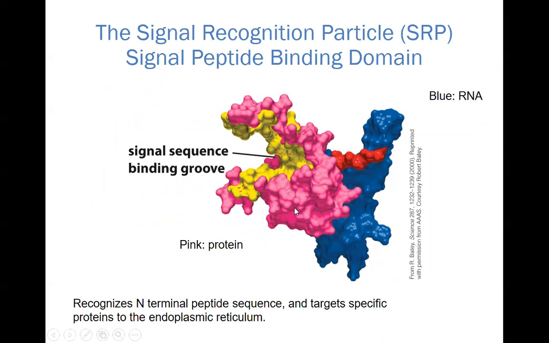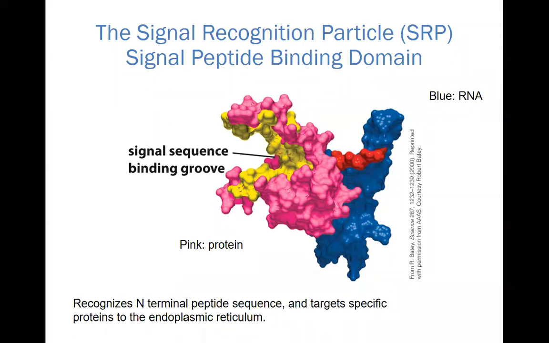This is a signal recognition particle, and they have a groove in the protein structure, and this groove fits or can interact with a specific peptide sequence. So this is an example of, sorry, my mic was so loud, of protein-protein interaction, where the signal recognition particle can recognize a protein sequence in the newly formed protein, and then can translocate that protein to the ER.